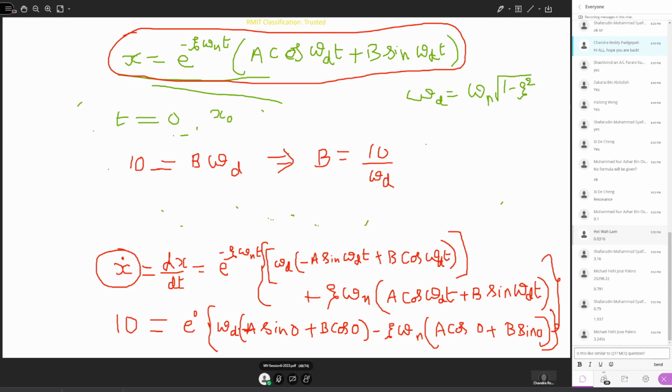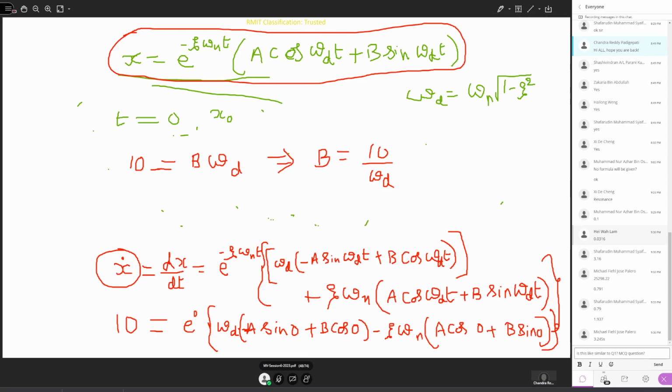So substitute this b value and a value in this equation. Once you substitute, you'll be able to give the response of the system.